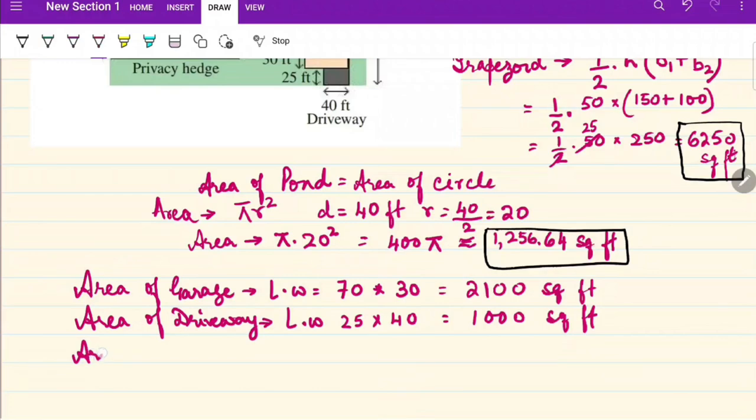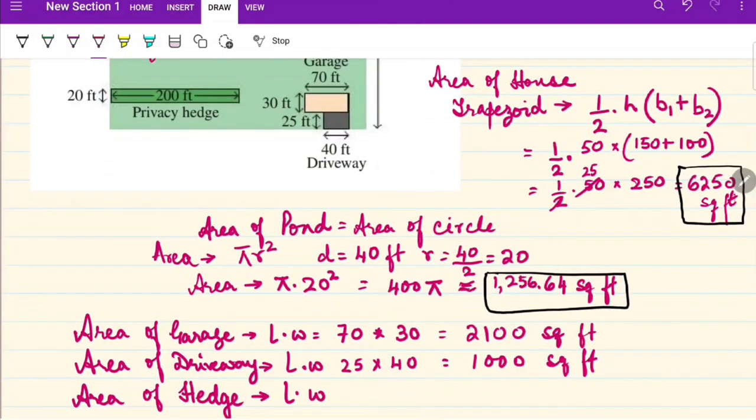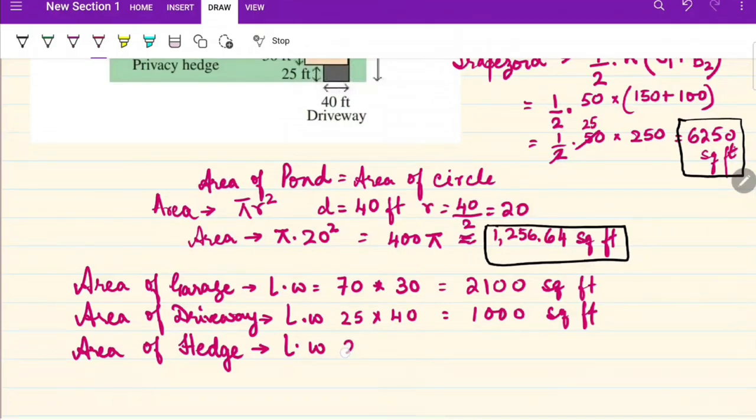And then the privacy hedge, correct? So area of the hedge is again length times width, and that's 200 times 20, correct? So 20 times 200 for 4,000 square feet.